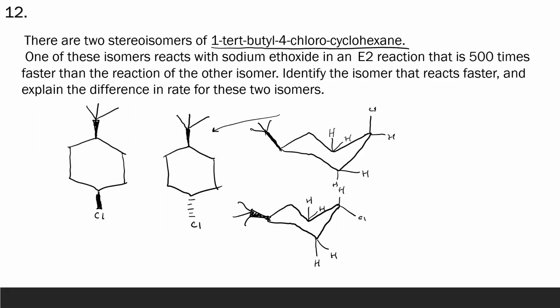Okay, now the question is, which chlorine has a proton that is anti-coplanar to it?